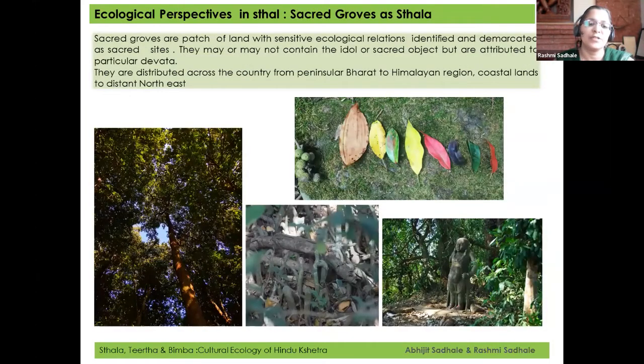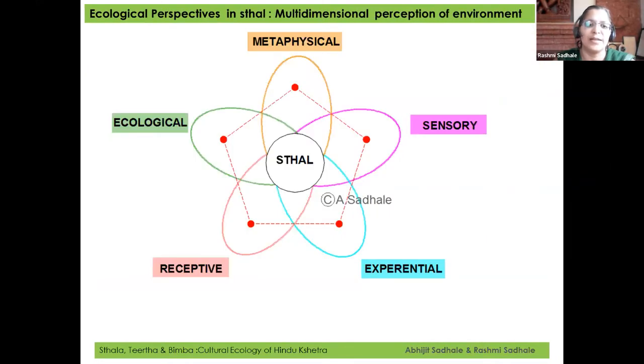Similarly, the concept of Sthala identified as a sacred grove is ecologically so important as a biological repository. Sustaining on the cultural beliefs, one can study the apex species of flora and fauna of the particular region. Most of the sacred groves are also the origins of perennial water sources of medicinal value. So after drawing references and inferences from these treatises, we understand that Sthala is a multidimensional element.